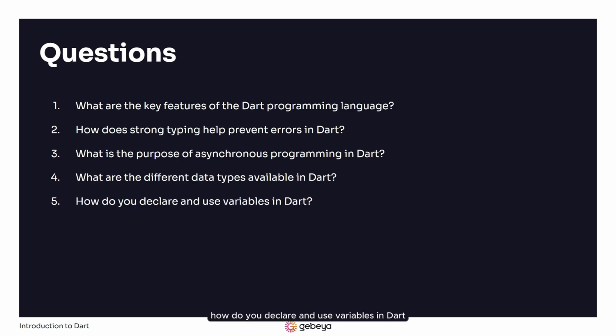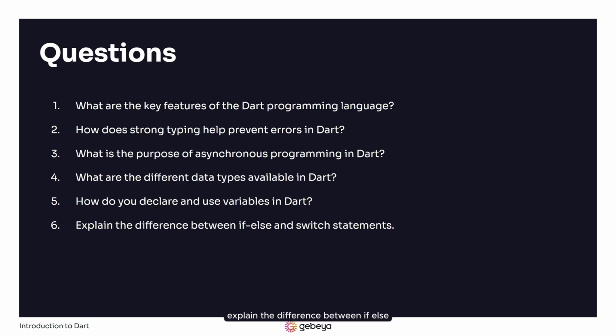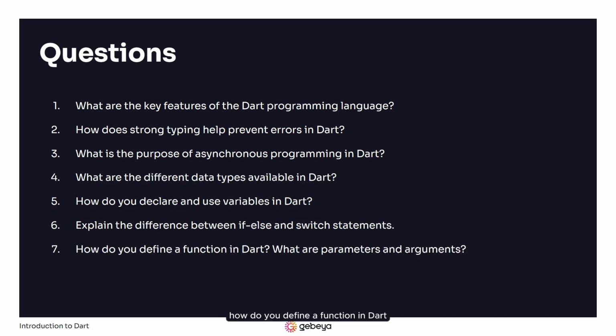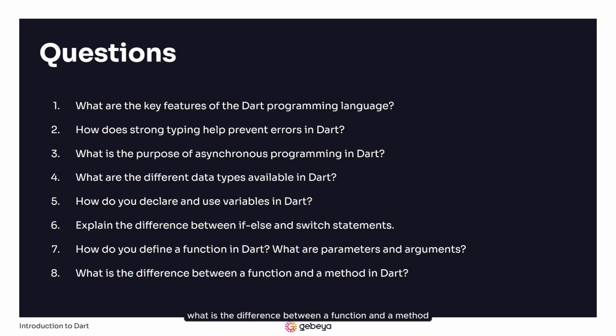How do you declare and use variables in Dart? Explain the difference between if-else and switch statements. How do you define a function in Dart, and what are parameters and arguments? What is the difference between a function and a method in Dart? Take a moment to think about your answers or note them down to revisit during your practice exercises.